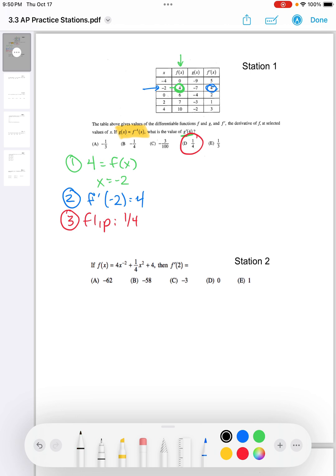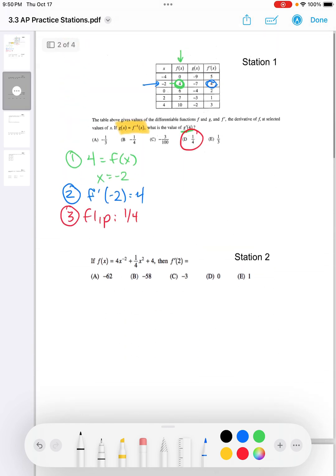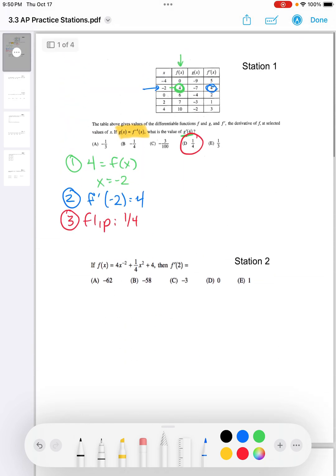All right, station number 2, we're trying to find f prime of 2. This is not an inverse one. This is a regular function problem. So I'm going to take the derivative of the function. Bring down the -2, so we have -8 x to the -3rd power plus bringing down the 2 times 1/4 is 1/2 x to the 1 less power, and the derivative of 4 is 0.